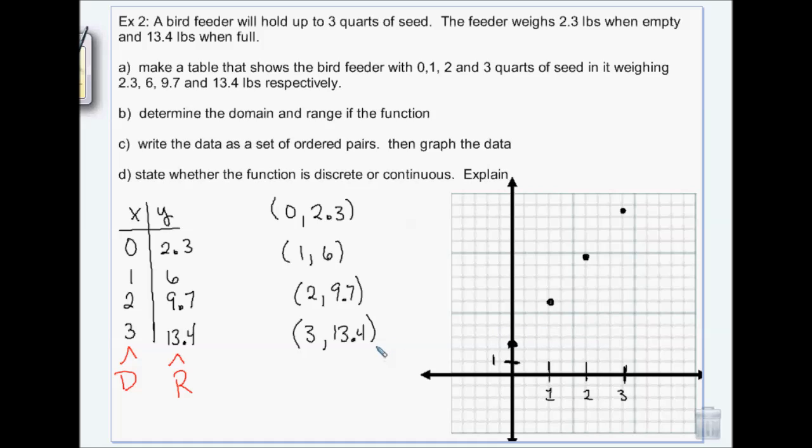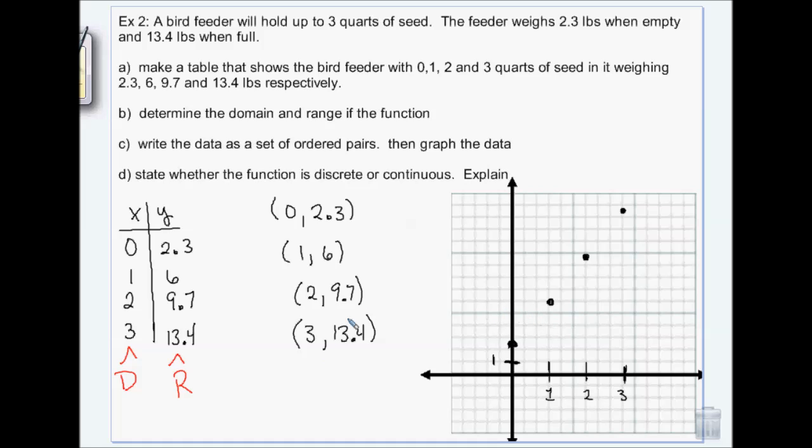Now, to determine if this is a discrete or continuous function, you have to decide about the weight. Do birds come and in one gulp take a whole quart of seed and just swallow it? No, right? Birds eat little bits at a time, and so the weight is going to gradually decrease as they're eating it, and then it'll gradually increase as you pour seed in, right?